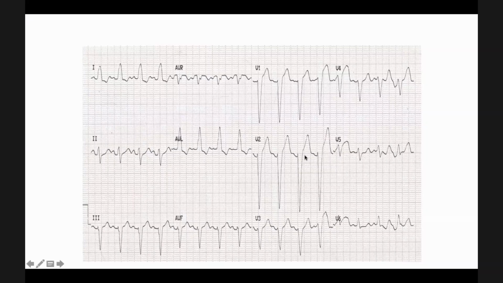So you can see this is a diagnosis of left bundle branch block. You can see that deep, broad S in V1, and the M pattern is not very characteristic here, but usually you see the tall R and the M in V6 as well.